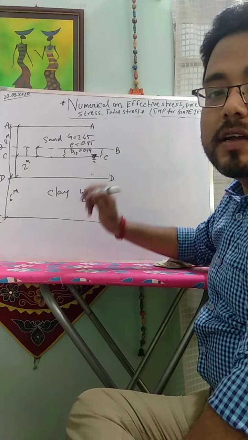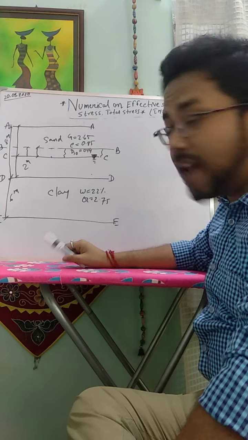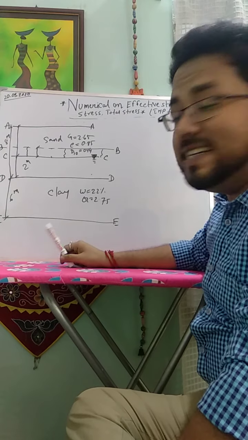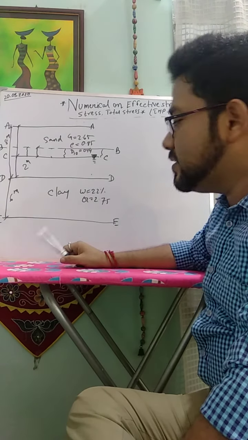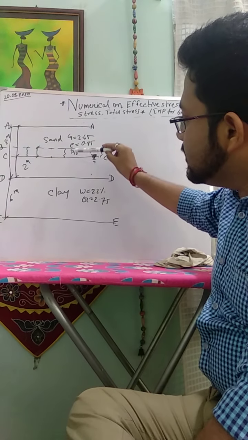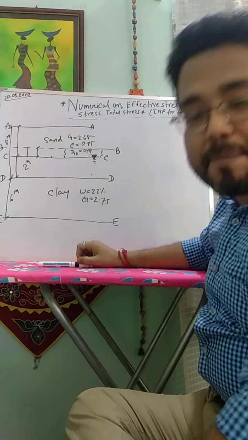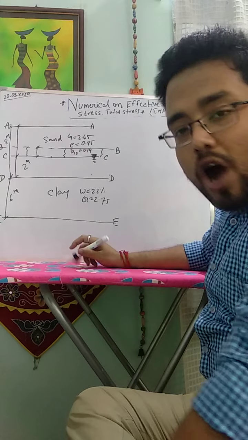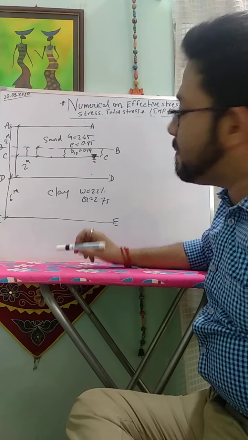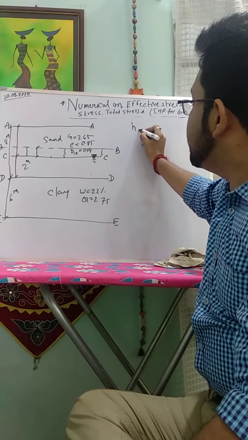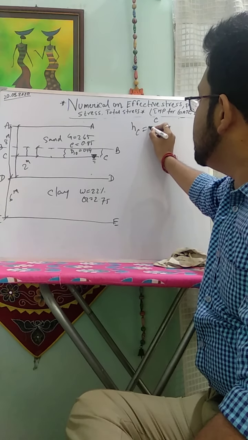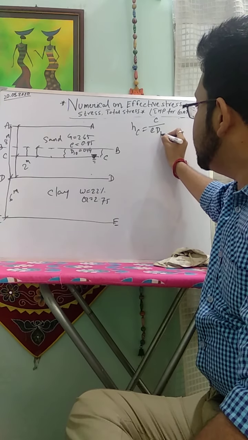Now there is a tendency of capillary rise because D10 has been given. That's why first we determine the height of the capillary. We can easily find it out: hc equals C by e D10.